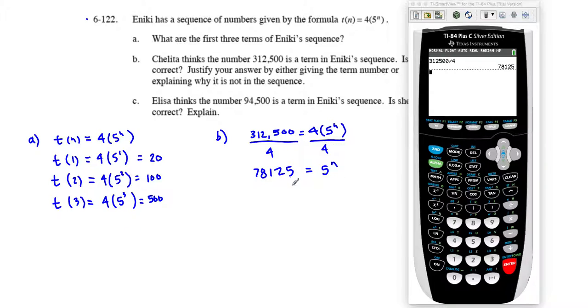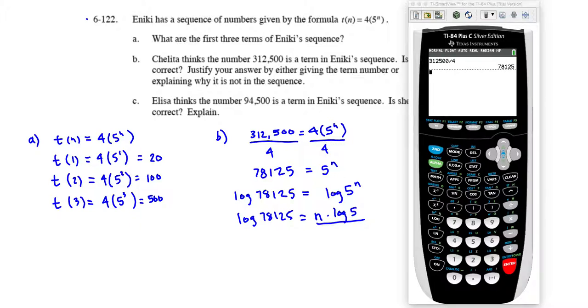So now we could go ahead and do this using our power property of logs. We could say, all right, the log of 78,125 should equal the log of 5 to the power of n. And remember, we could use that power property right here. Boom, n times log base 10 of 5 equals our same log on this side, 78,125.